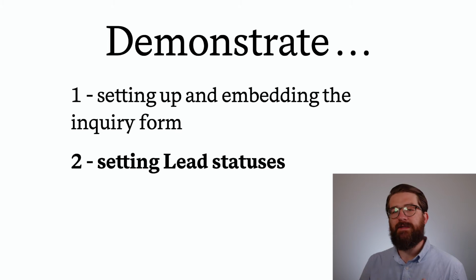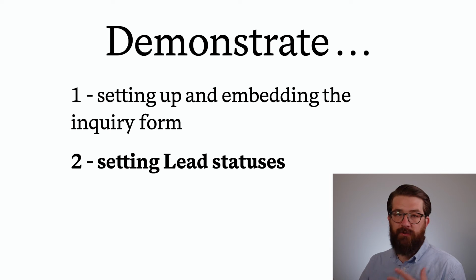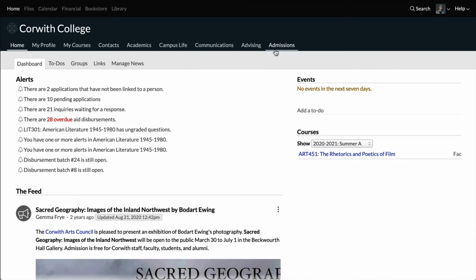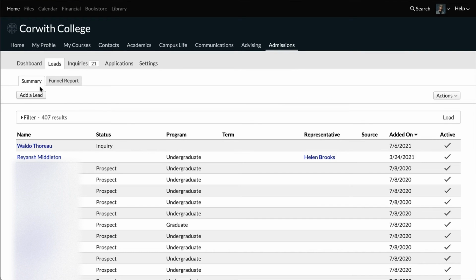As we move on to setting lead statuses, remember that these leads could end up in the system via any of the methods that we've mentioned: migrating data in, manual import, or those embedded forms bringing leads in. Going back to admissions, leads, summary, you can see that status column right there.